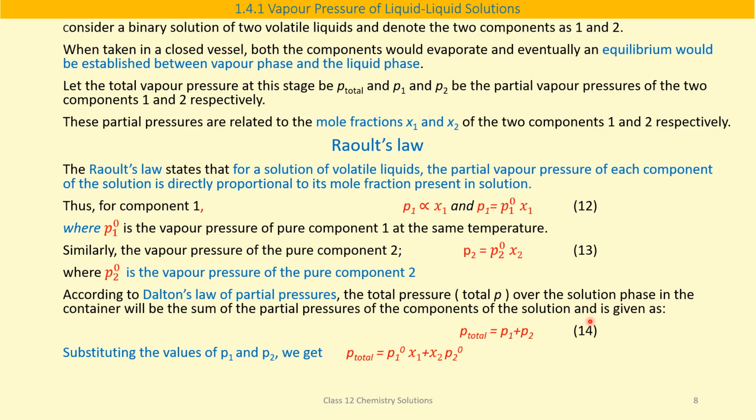Substituting the values of P1 and P2, we get P total equals P1 plus P2, that is equal to P1 naught x1 plus P2 naught x2. Taking P1 naught common, we get P1 naught times (1 minus x2) plus P2 naught x2.